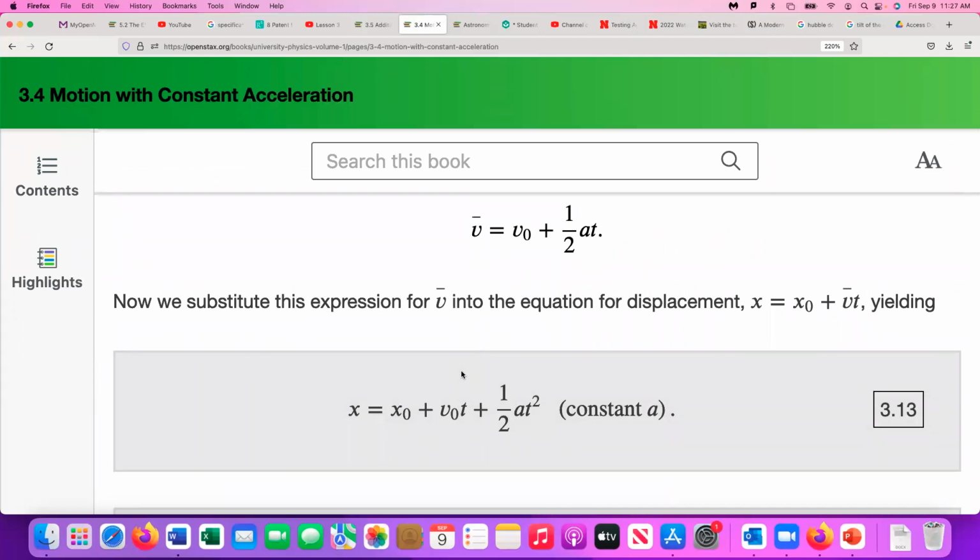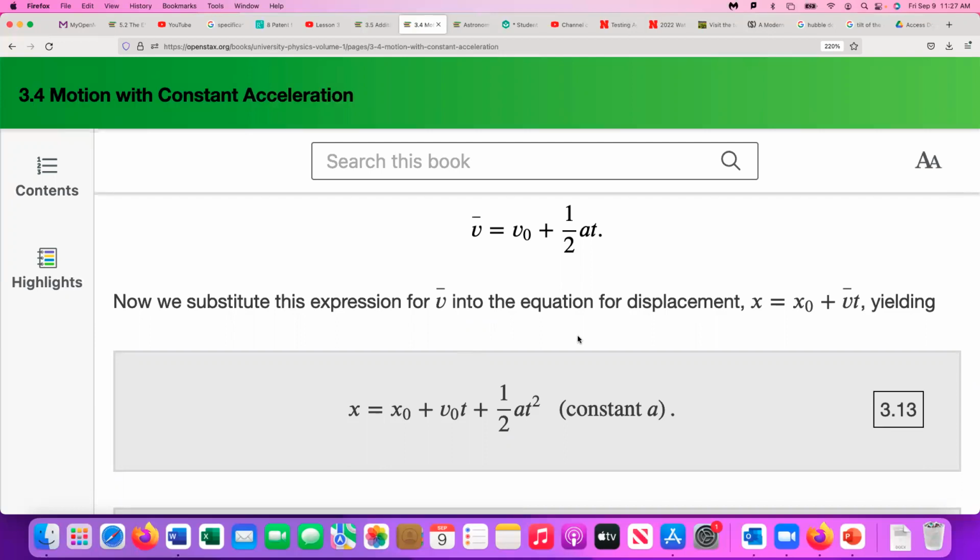And then we can replace this average velocity on the left-hand side with the average velocity solution from the first equation we built. And that gives us this equation, which is a much more complex equation. It has a time in it, has time squared in it, has acceleration, initial velocity and position, and final position, but still a very useful equation.